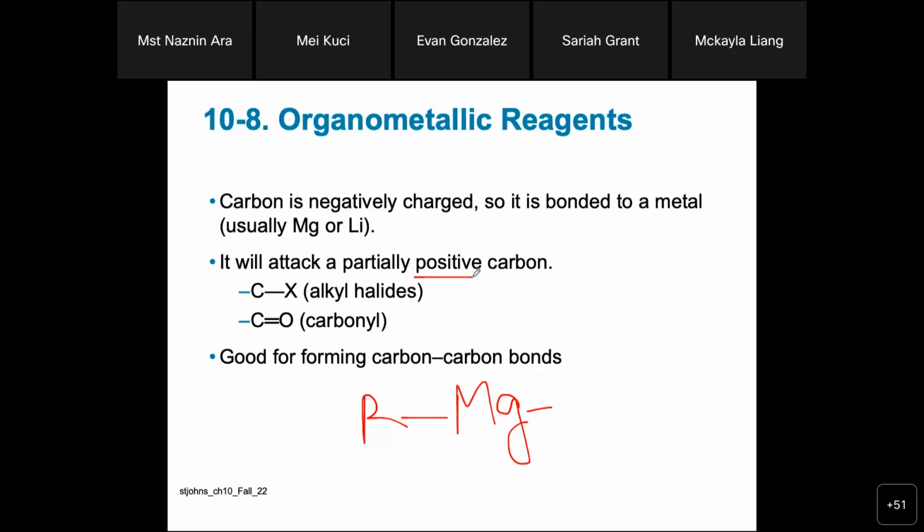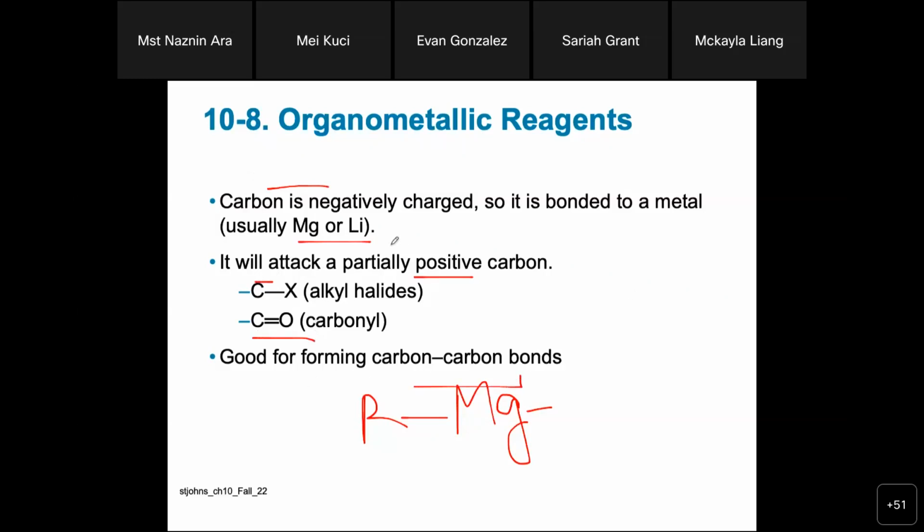Carbon is a non-metal, but in some places you will find carbon in the group of metalloids, which means it has slight semiconductor activity. But anyway, here we will talk differently: when we have a metal and carbon, since the carbon is negative and magnesium is positive, they are bonded. However, it attacks a partially positive carbon, and this is the carbonyl, good for forming carbon-carbon bonds.